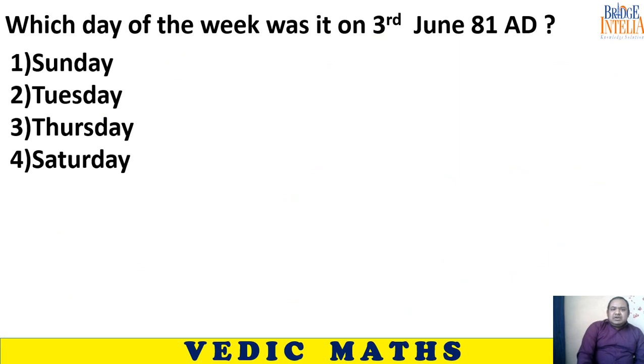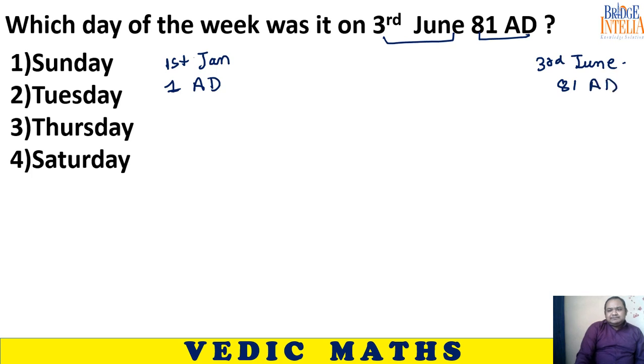Next question: which day of the week was it on 3rd June 81 AD? 3rd June 81 AD. So counting must start from 1st January 1 AD, and counting will stop on 3rd June of 81 AD.